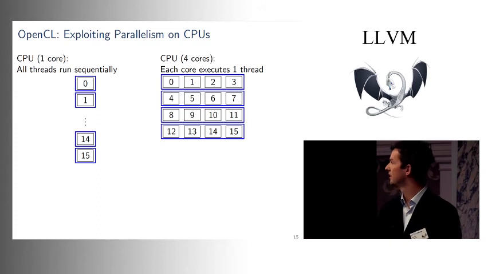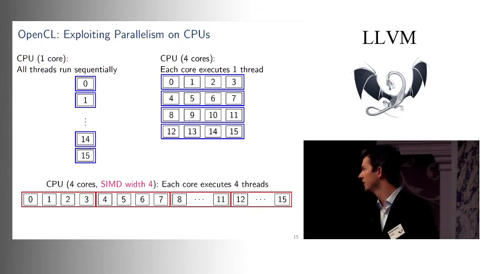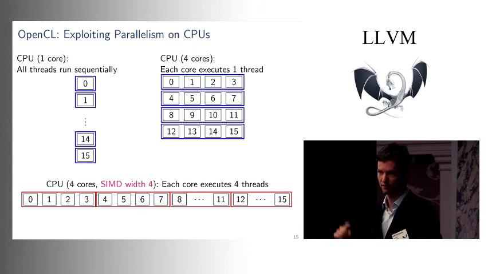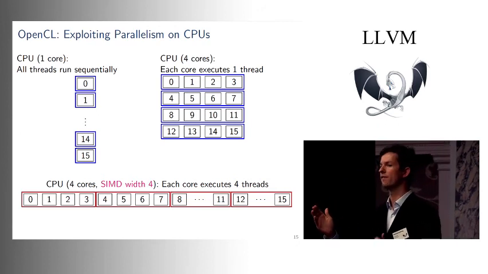And now what we're doing is we exploit the SIMD instructions, which means on a CPU with 4 cores and SSE, you would have a SIMD width of 4. We're doing some different vectorization than the basic block vectorization that Hal was talking about yesterday. So we are using every SIMD lane to execute a thread.